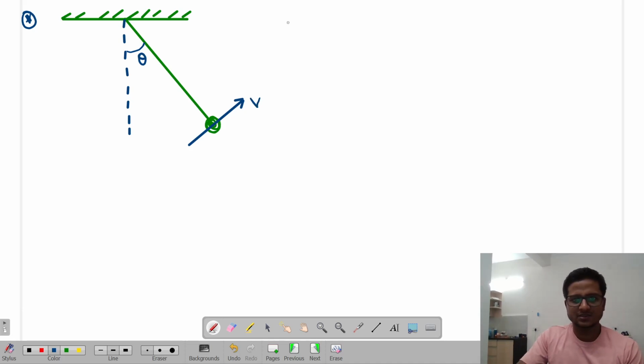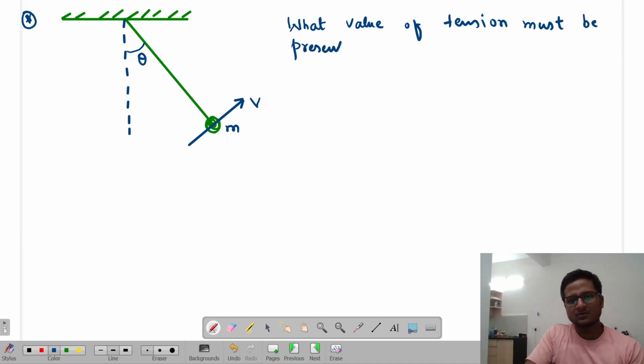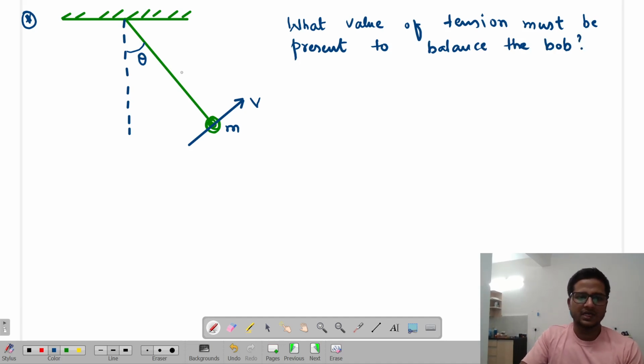The question arises: if the mass of this particular bob is m, and the length of this thread is L, what value of tension must be present to balance the bob?